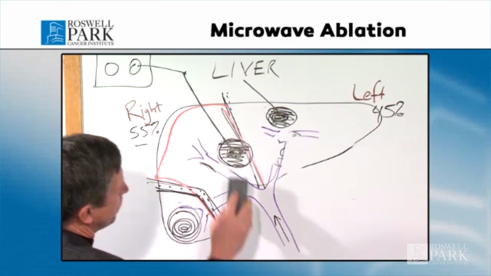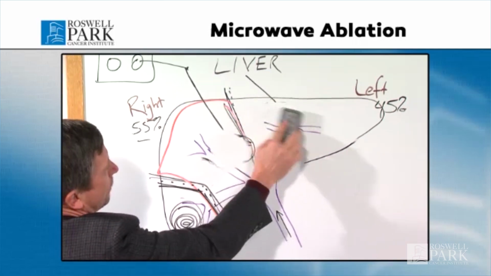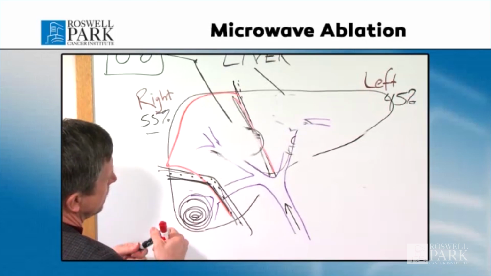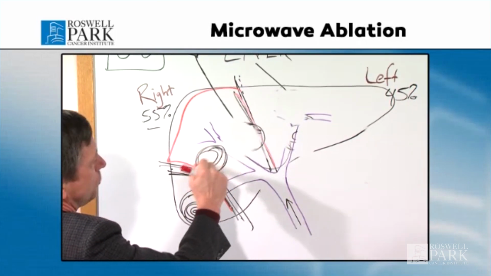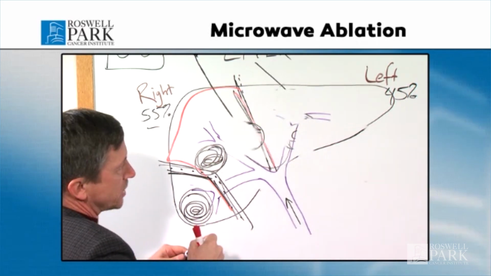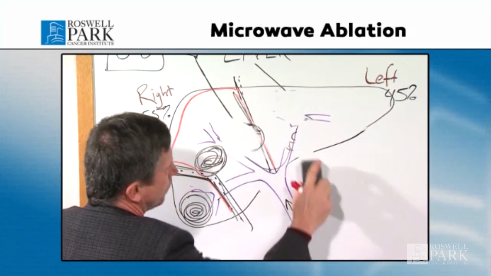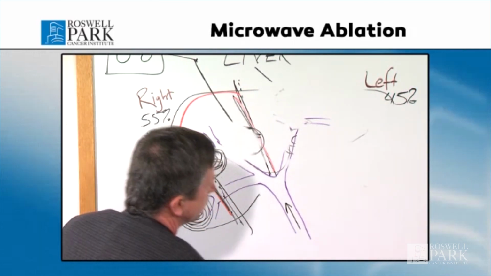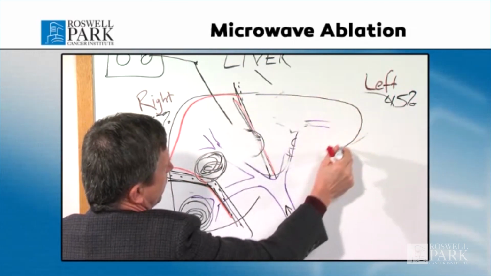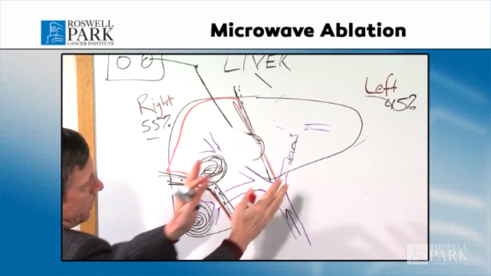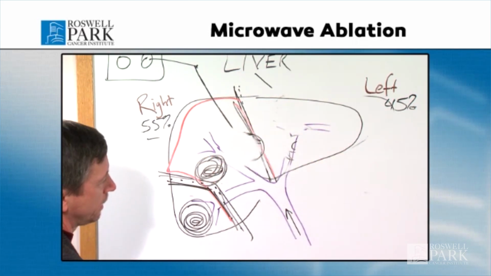For example, if your tumor is over here, let's say there's a situation where you may have two tumors on this side, but this side of the liver is very small. For example, let's say instead of 45% of the liver, you had a very small left lobe for whatever reason. There are ways that you can actually try to grow that liver ahead of time.